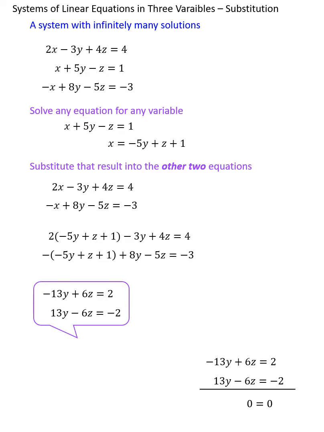And it doesn't indicate that 0 is the answer to the problem or even that there's no answer. 0 equals 0 is an identity, an always true statement. What that indicates, you may recall from previous classes or my videos, is that when you get an identity like 0 equals 0 or 5 equals 5 or 2 equals 2, that's an indication that the system you're trying to solve has infinitely many solutions.